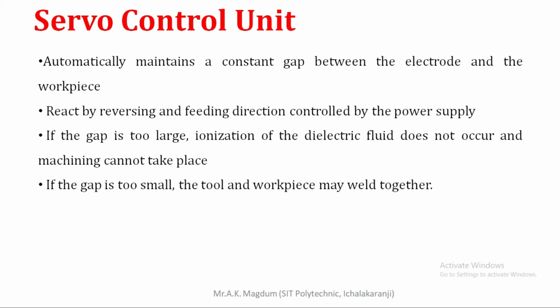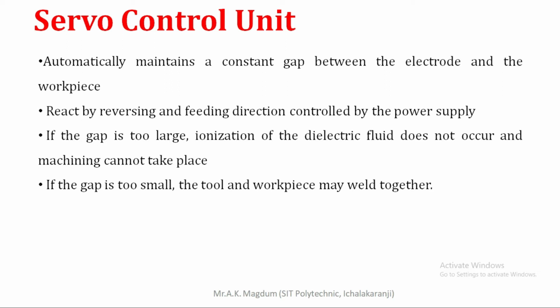Why do we want to maintain the spark gap? Because how the spark takes place depends on that only. How much quantity is removed from the material of the workpiece depends on it. That's why the spark gap is a very important factor in this EDM process, and that should be done automatically with the help of the servo control unit. So that is the very important function of this servo control unit.